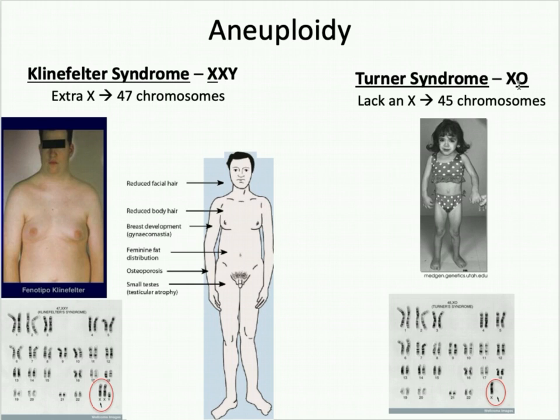Their genetic makeup would be XO. And it affects the sex chromosome. So these people with Turner syndrome will basically look like this, where they'll have a webbed neck. They may have heart problems, short stature. Some can have learning disabilities, mental retardation.